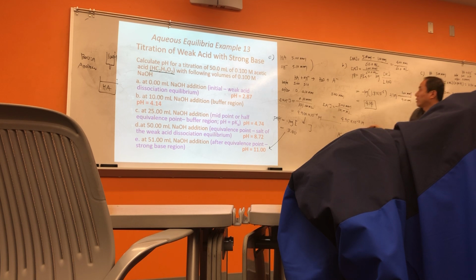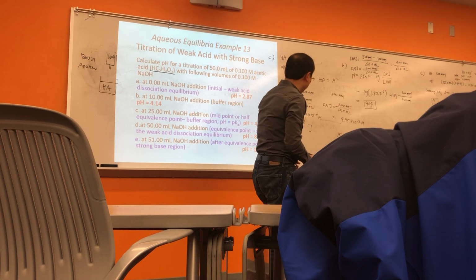Now we know that Kb of A minus is 10 to the negative 14 divided by Ka, and Ka is 1.8 times 10 to the negative 5. So if you do the math, it will be something like 10 to the minus 10.